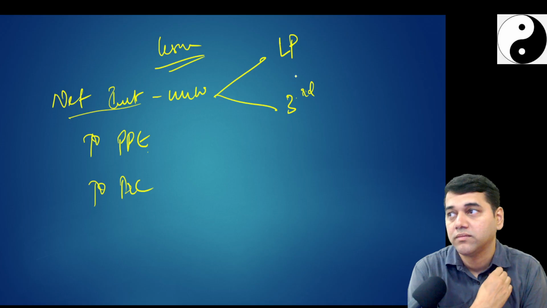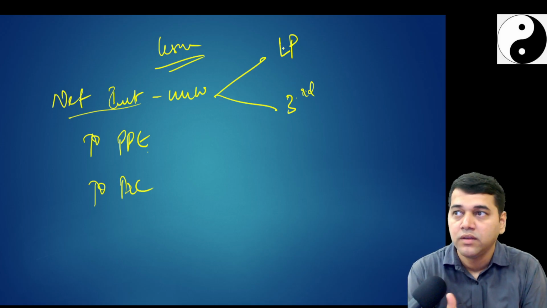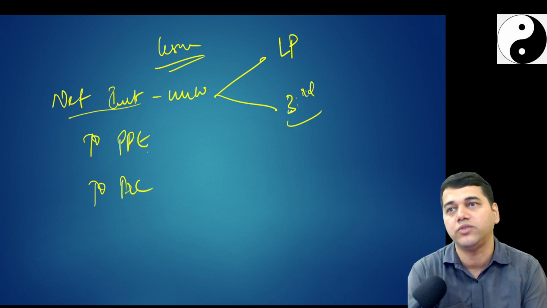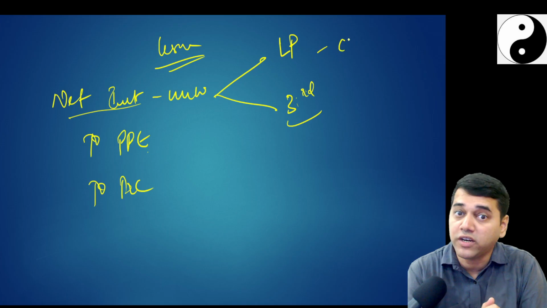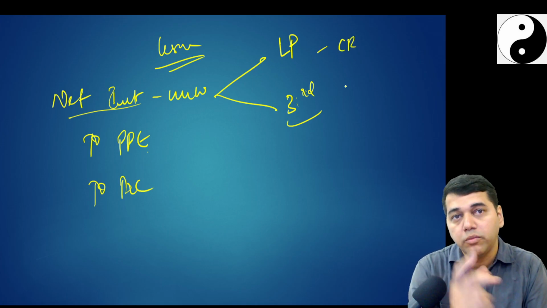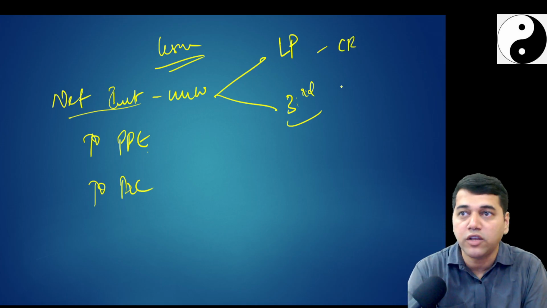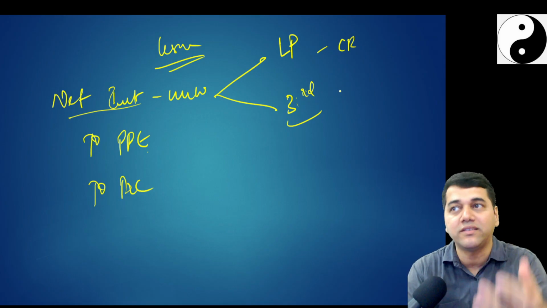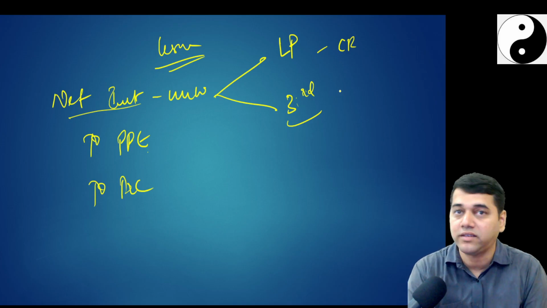Always, when you unwind, lease payments are contractual, while third party payment is not contractual, it is just an estimate. Sir, if it is contractual, is it not 109? Actually, it is 109. A lease investment of a lessor is a financial asset actually.